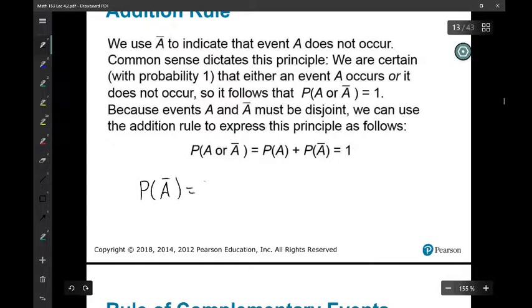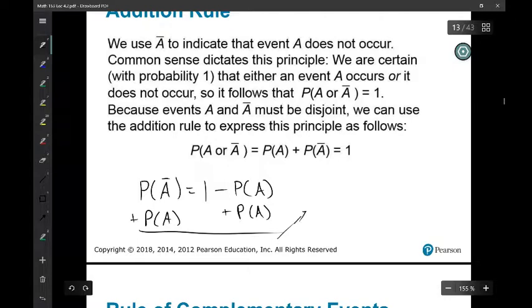Probability of A complement is equal to 1 minus the probability of A, which we talked about in the last lecture. And note, if we were to simply add P of A to the other side, then we would have probability of A on this side plus probability of A complement equals 1.